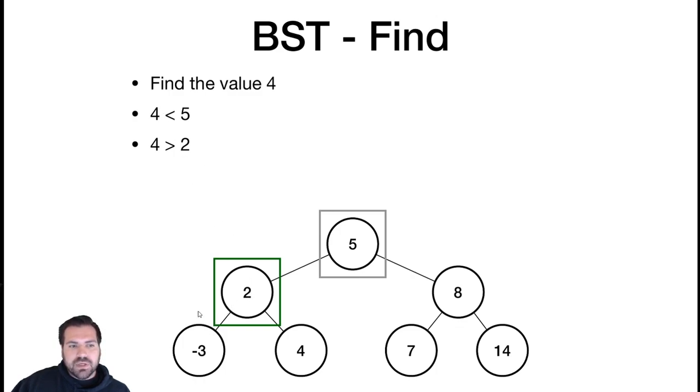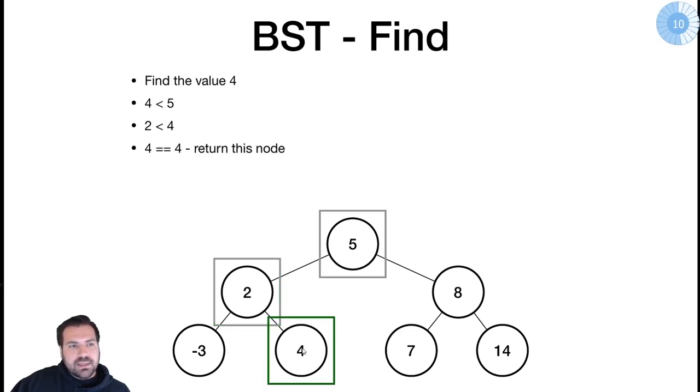No, it doesn't come before 2, so I'm going to eliminate the entire left subtree. Then we check, does the value at this node come before the value I'm looking for? That's going to be true, or 4 comes after 2 in our sorted order. So we move to the right subtree, and now we check, does the value I'm looking for come before this value in the sorted order? That's false.